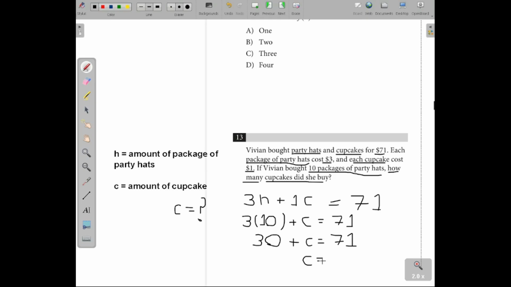Then C is equal to 71 minus 30. Finally, C is equal to 71 minus 30, which is 41. That's our answer, 41.